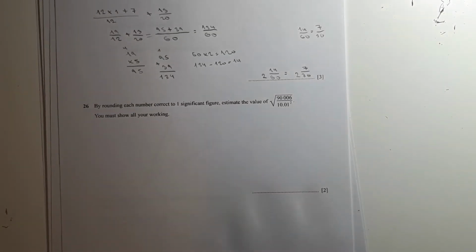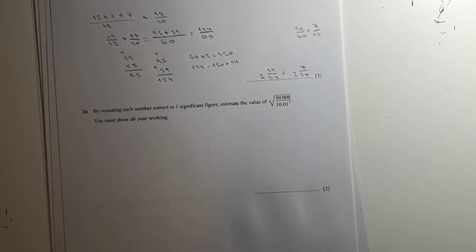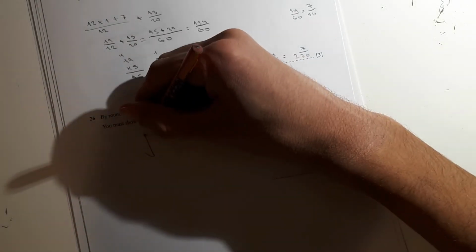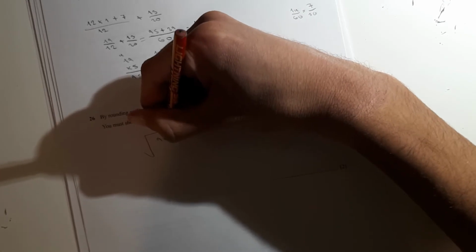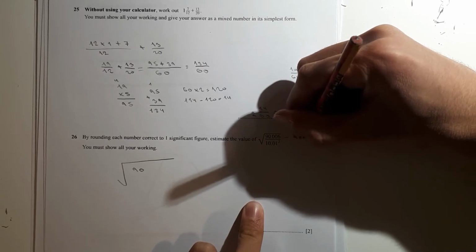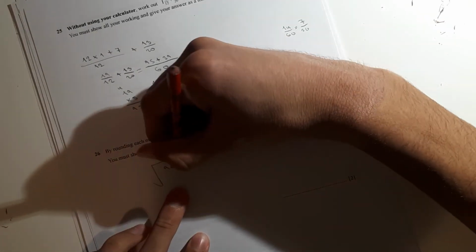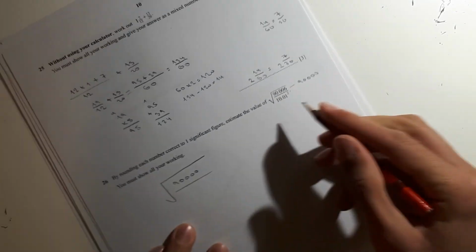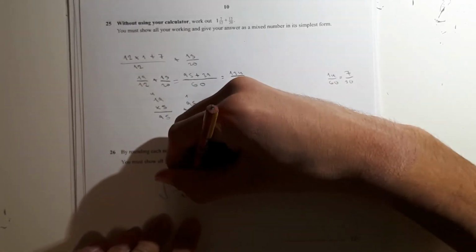26. By rounding each number correct to one significant figure, estimate the value of the square root of 90,006 over 10.01, all squared. So we have to correct this number to 90,000 over 10, squared.